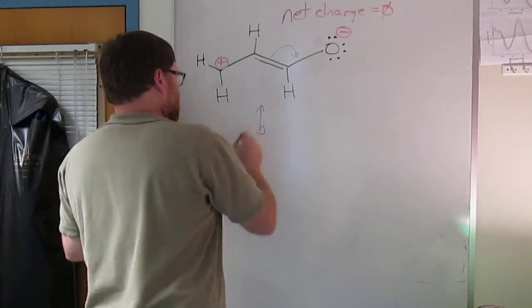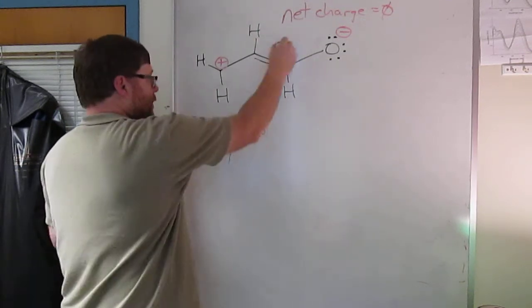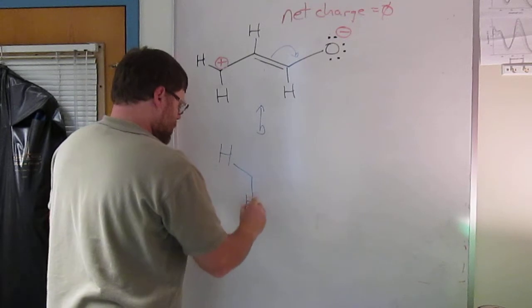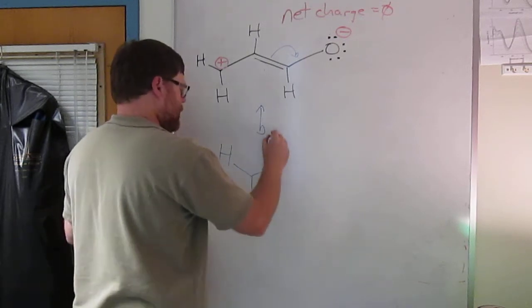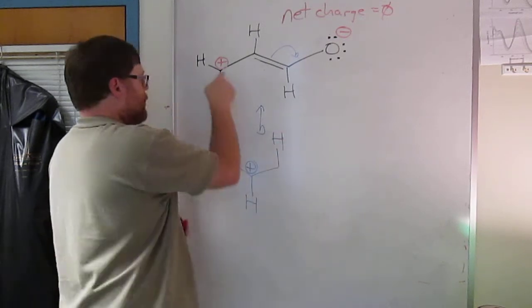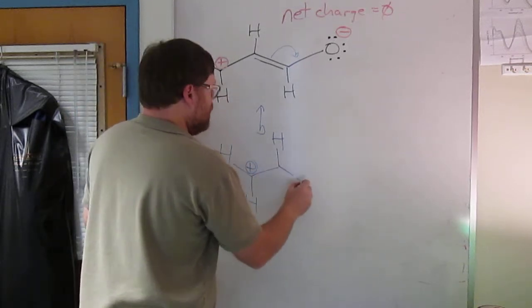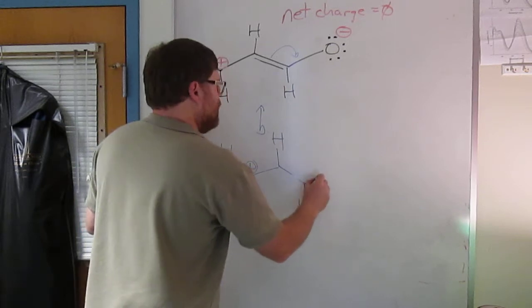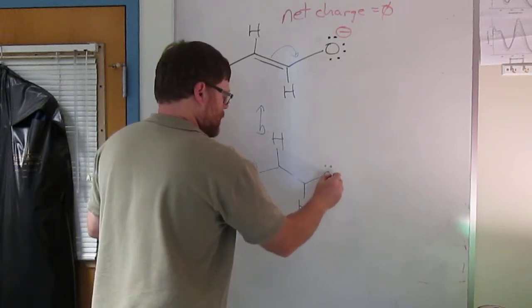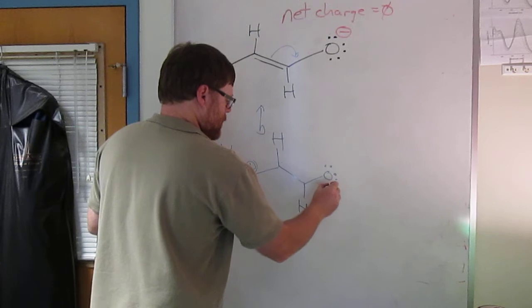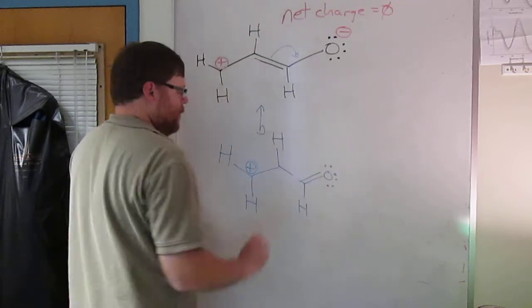Okay, so then if you follow that arrow, the arrow tells us we don't do anything to that carbon, so leave this the same. And we get a pi bond there.